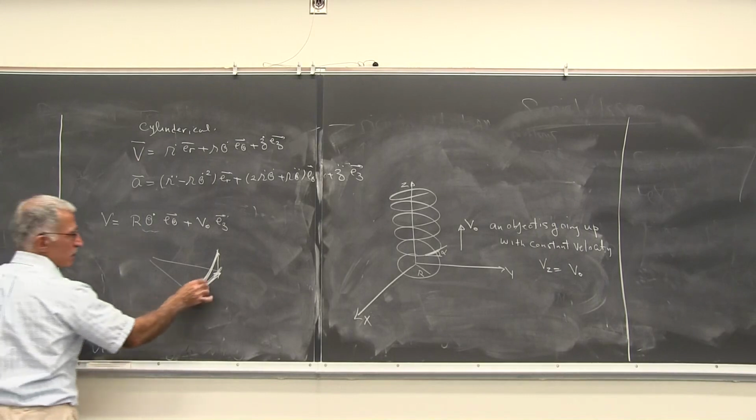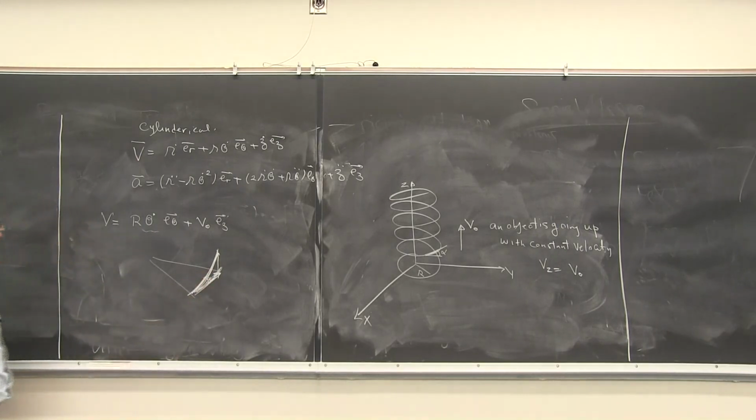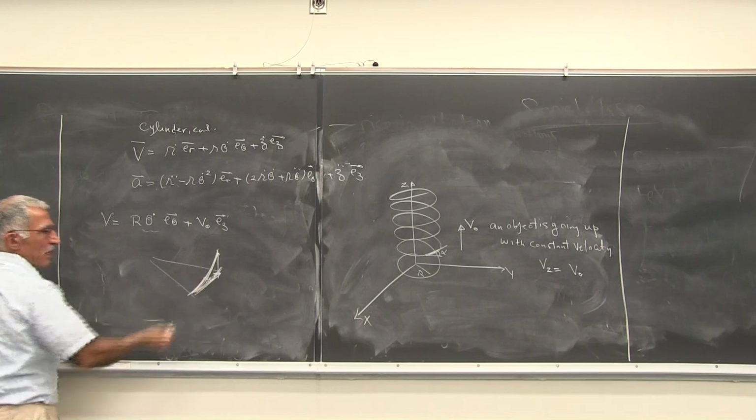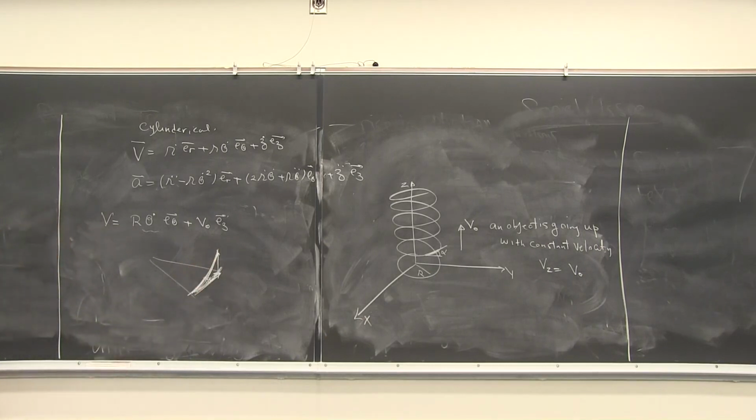And this angle is alpha. So it's going around the circle, at the same time it goes up, and that's a path. It goes around the circle, and also it lifted up a little bit.